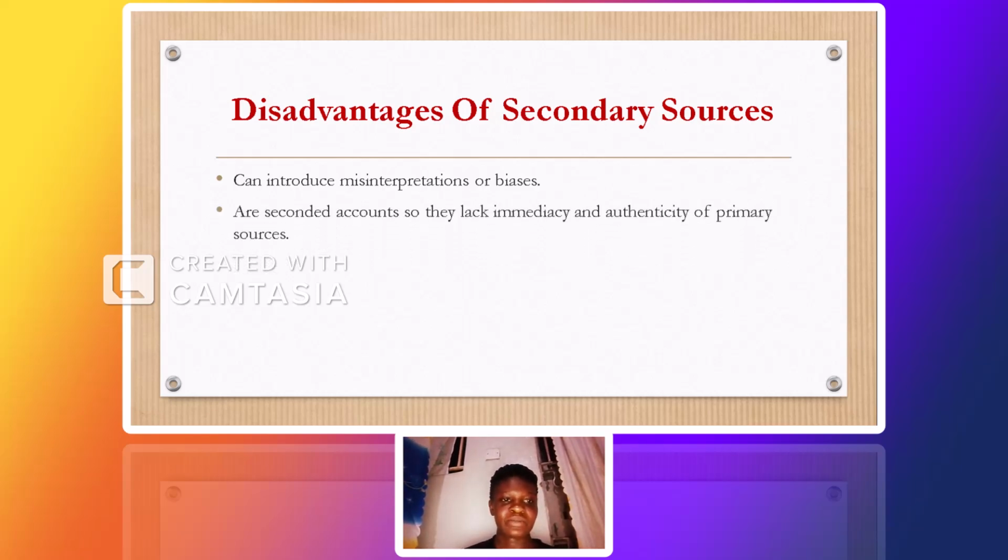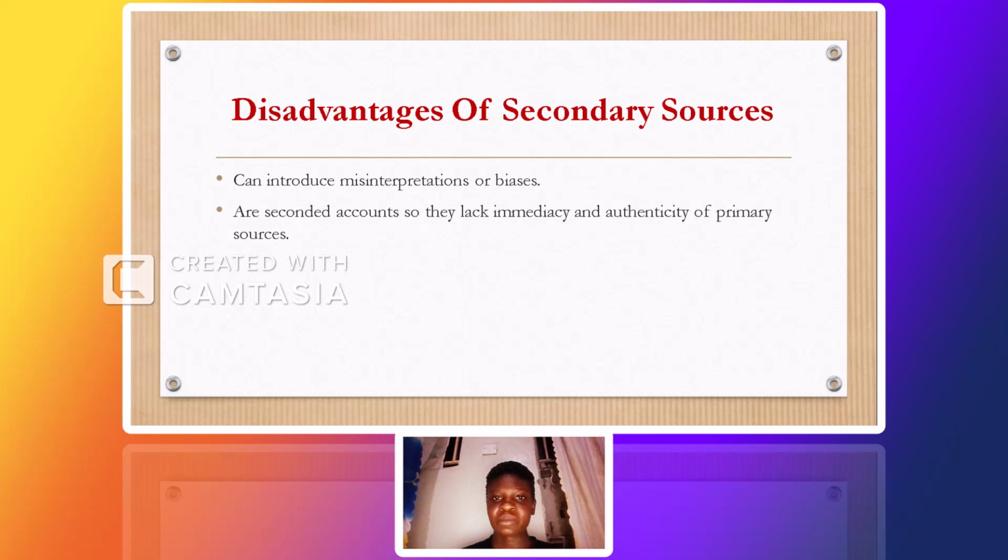Next is this disadvantage, which says a secondhand account lacks the immediacy and authenticity of primary sources. Here in secondary sources, there is no immediacy. Primary sources have immediacy, but secondary sources lack immediacy, and this is because secondary sources get information from the primary source.